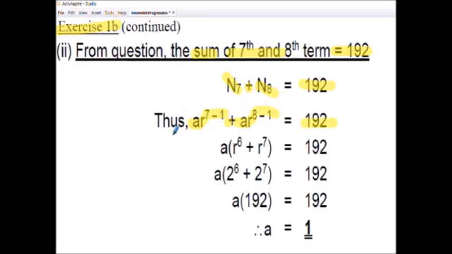If I factorise on the a, because a is common to both terms, I would get a outside the bracket, and inside I would get r to the 6 plus r to the 7, and that's equal to 192. We know that r is actually 2, so I can just replace the r's by the 2's here. If I work the bracket out, I get a times 192. So 2 to the 6 plus 2 to the 7 is 192. That's still equal to 192.